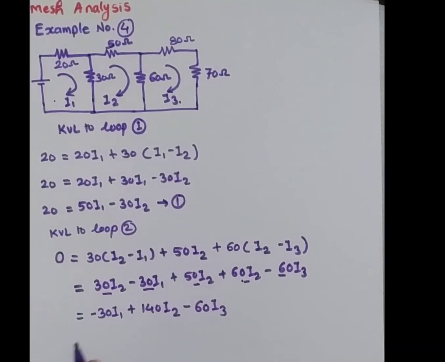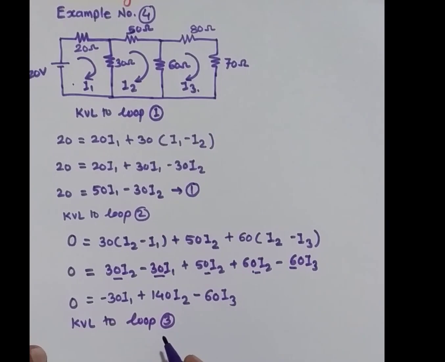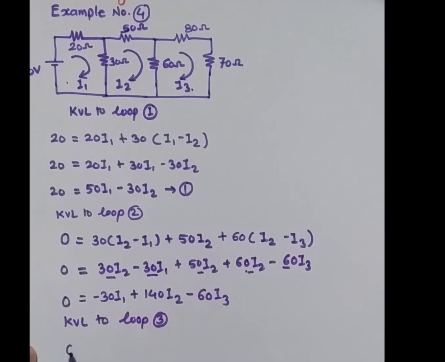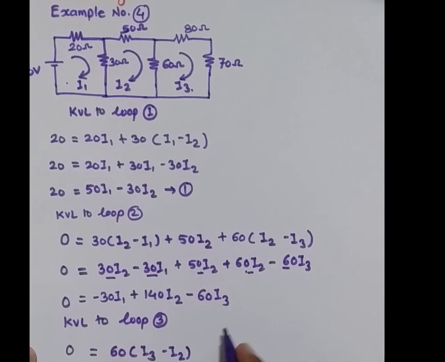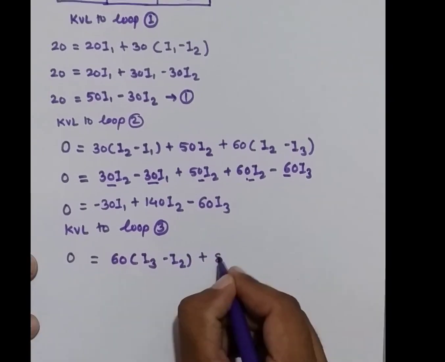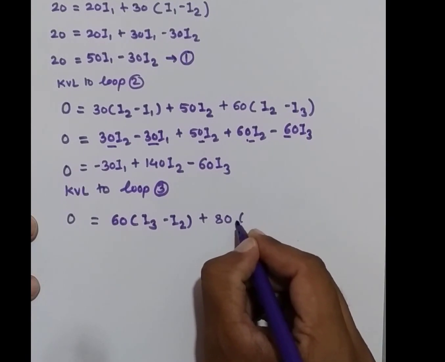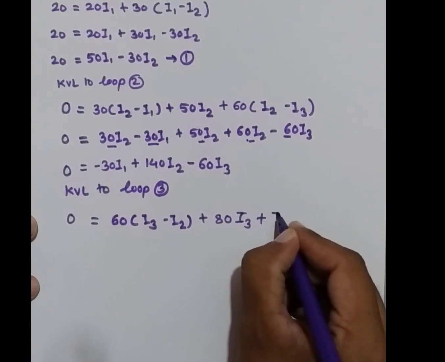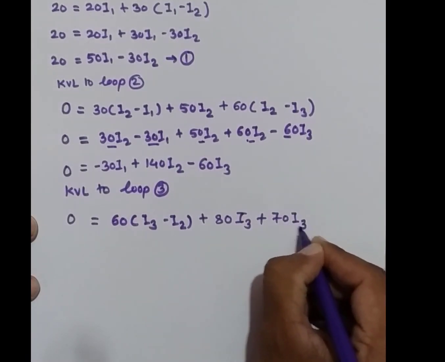Now let us apply KVL to loop number 3. Again in this loop also there is no voltage source, so 0 is equal to 60. From 60 there are two currents flowing, I3 and I2. From 80 only I3 is flowing, and from 70 also I3 is flowing.